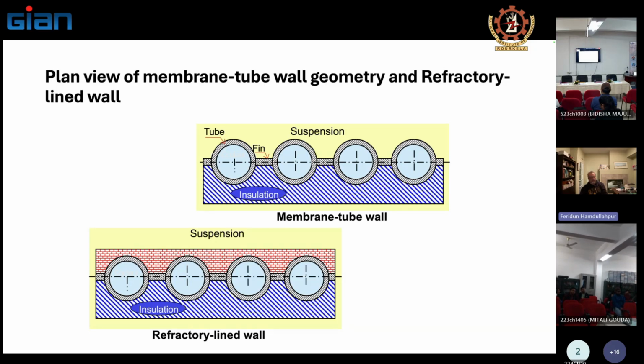Metal tubes. The particles, the bed part, sand, for example, ash, sand, all of those, are all very hot, abrasive, and moving at very high velocities.